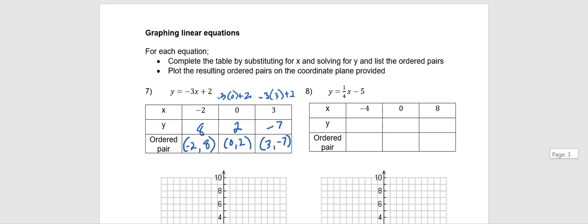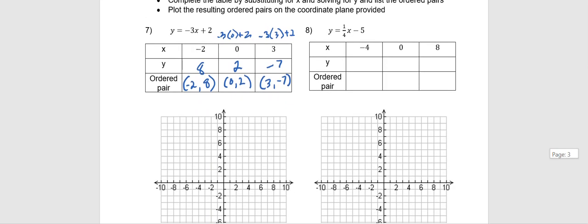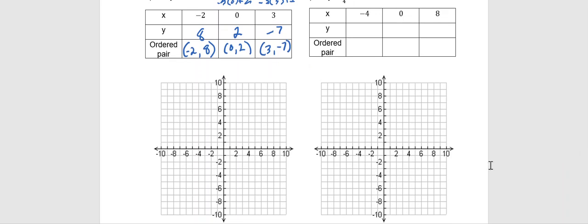So what we're ready to do now is just scroll down to our coordinate plane, and we're just going to plot all 3 points. Don't forget, when we plot an ordered pair, the x coordinate tells us how to move left or right. So I already know from the origin I'm going to move to the left 2 spaces from my x coordinate of -2. And then I'm going to move up 8 spaces for my y coordinate of +8. So we'll plot that point right there.